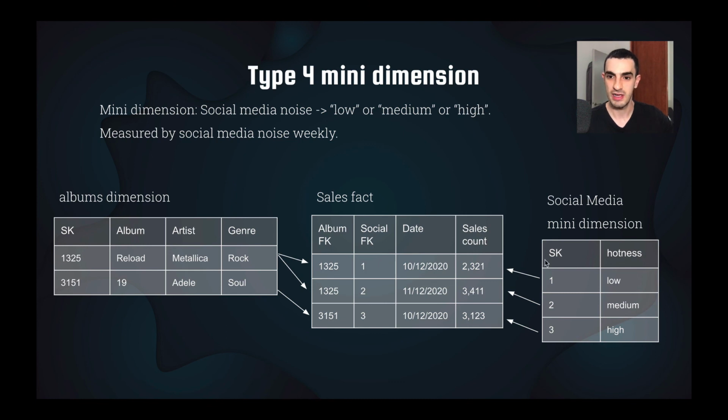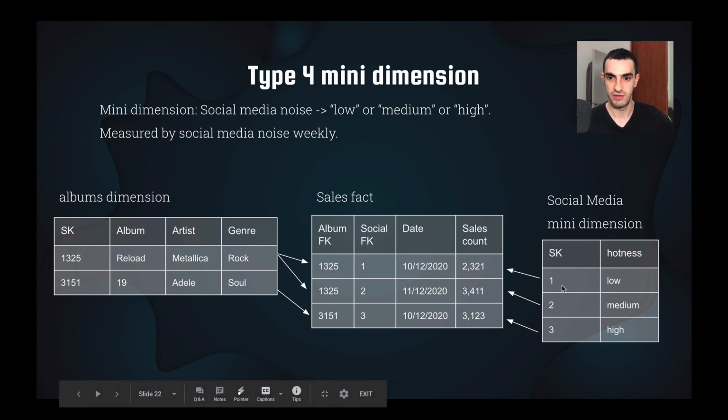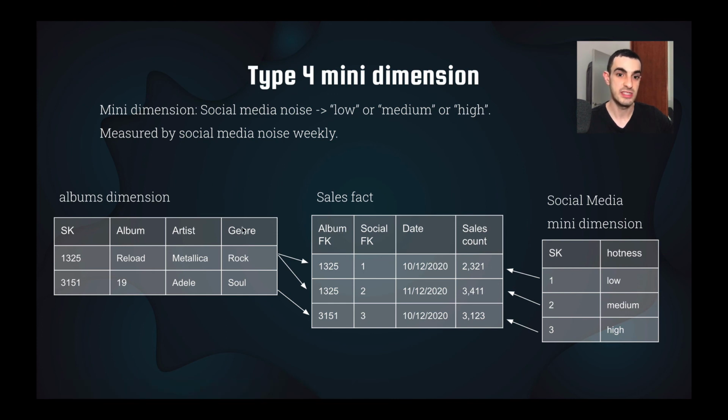If we track this social media album dimension within the original dimension, it means every week we will have to duplicate all the data. But we don't want it to be a fact, even though it can be a fact as well, because we want to filter other data by that.